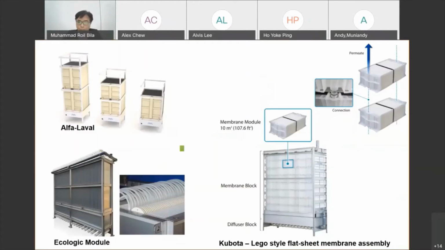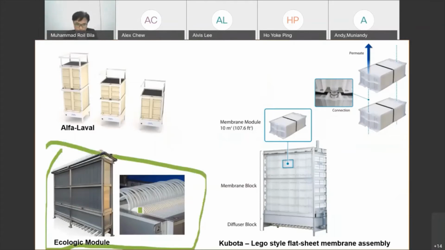Currently, then, you have a different kind of flat sheet membrane. On the bottom side, this one is the module from Ecologic. You will find that all of the plates here, so this is a plate and frame membrane, are installed together, and then each plate is connected to the permeate line. Now you can imagine that the cost of the system is not from the polymer itself.